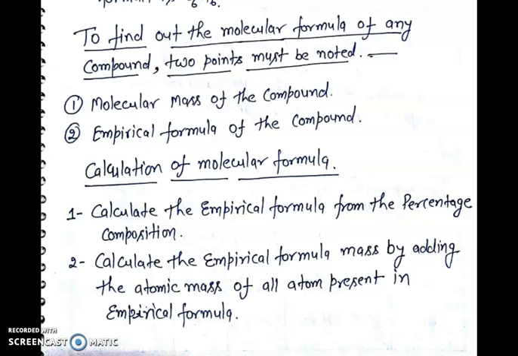Calculation of molecular formula, that is how to calculate the molecular formula. First, calculate the empirical formula from the percentage composition. Second, calculate the empirical formula mass by adding the atomic masses of all atoms present in the empirical formula.